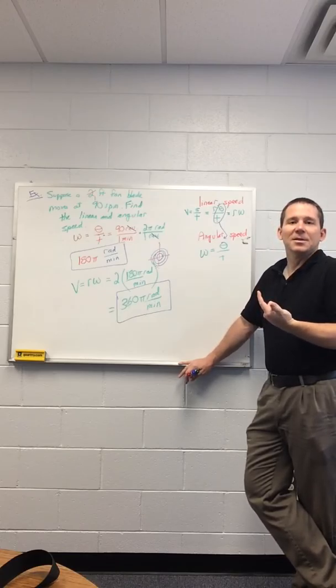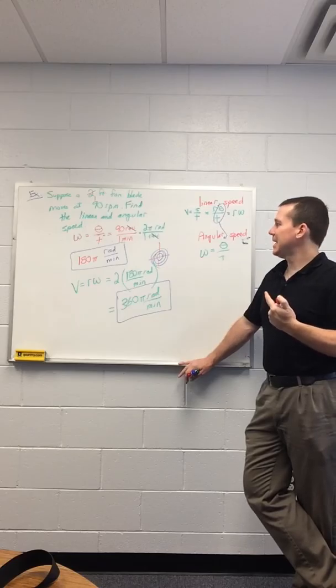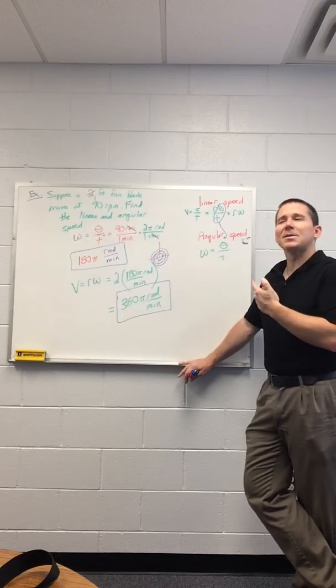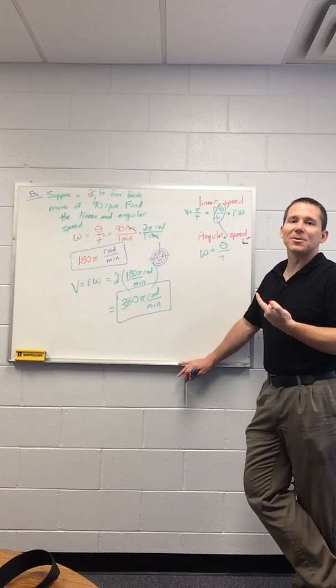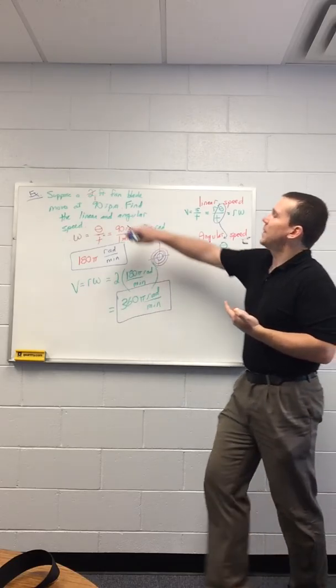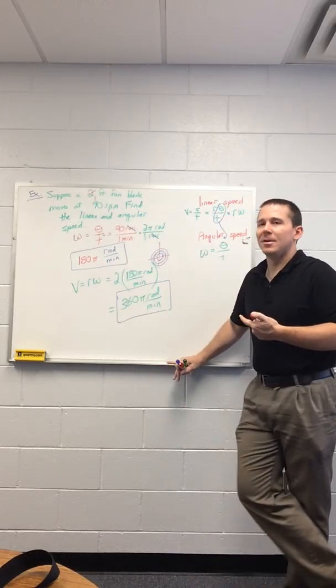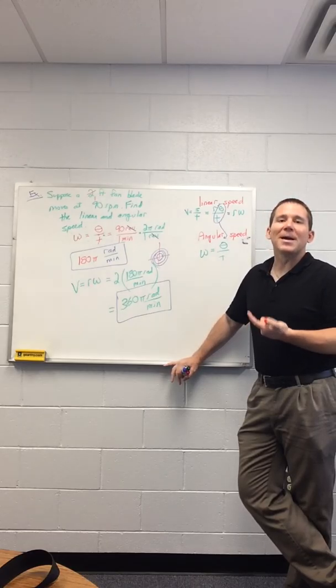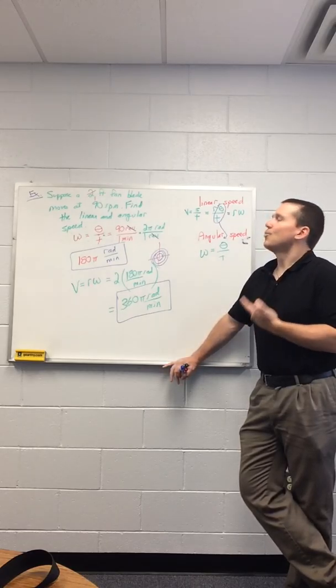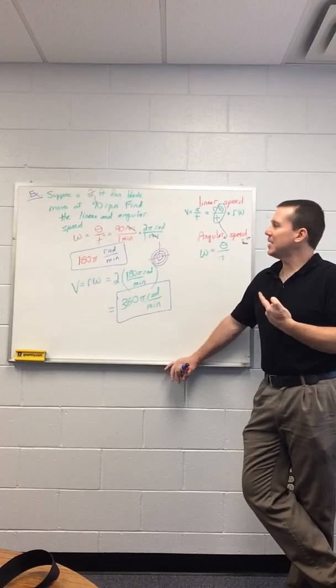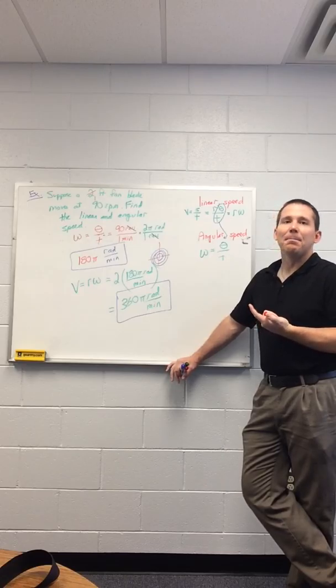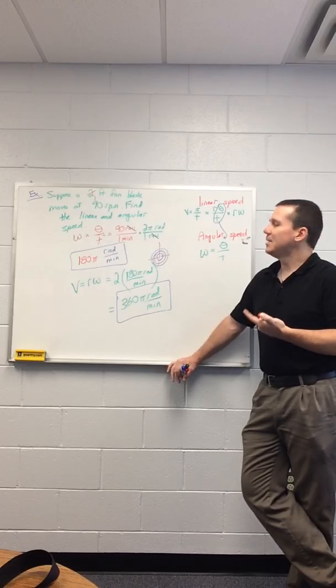See if it is. In terms of the fan blade, if you're on the edge, you'll be going faster than if you're closer to the center. So if we pick a point 1 foot from the center, my linear speed should be slower. So run through the math, check it all out, and see if the angular speeds are the same, but the linear speed you get is actually slower.